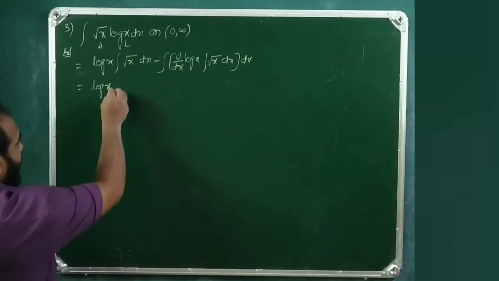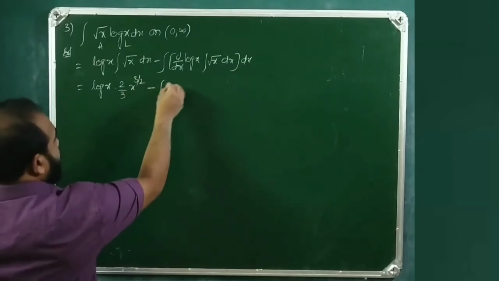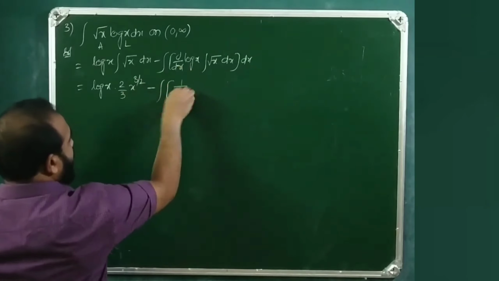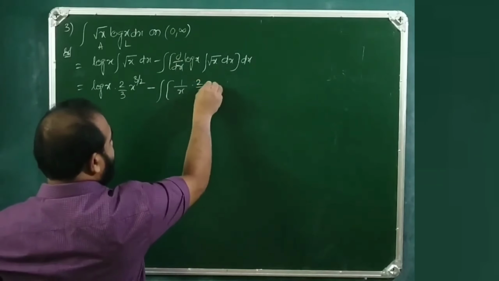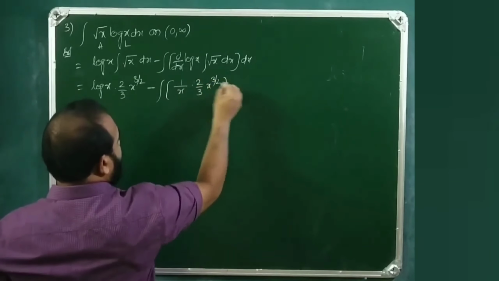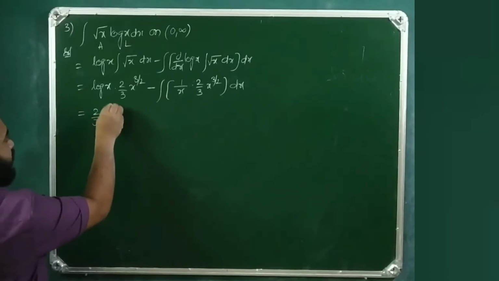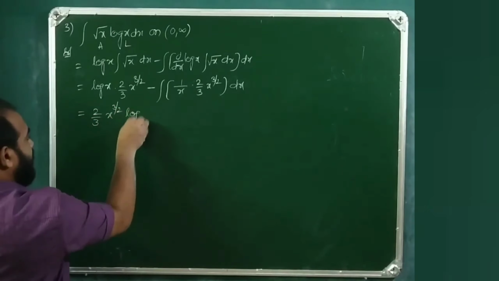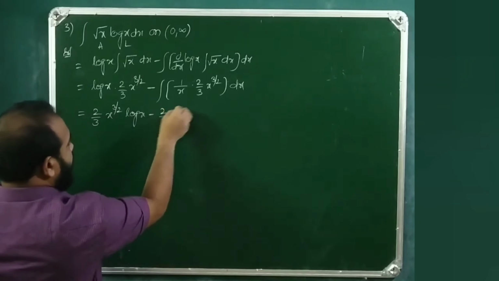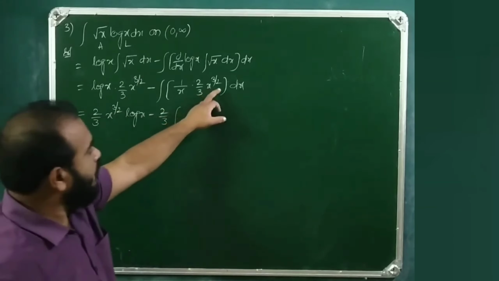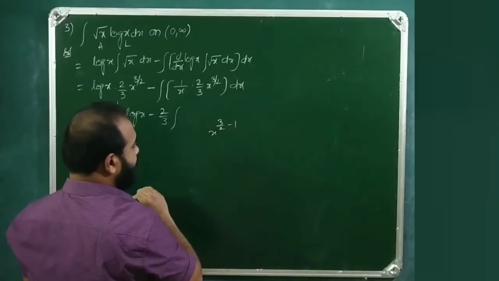So 2 by 3 x power 3 by 2 minus d by dx of log x is 1 by x, integral root x is 2 by 3 x power 3 by 2 dx. So this is equal to 2 by 3 x power 3 by 2 log x minus 2 by 3 into x power 3 by 2 by x. So x power 3 by 2 minus 1.